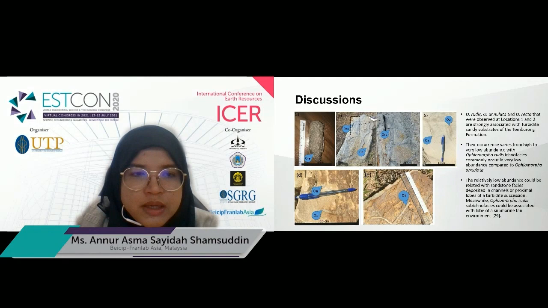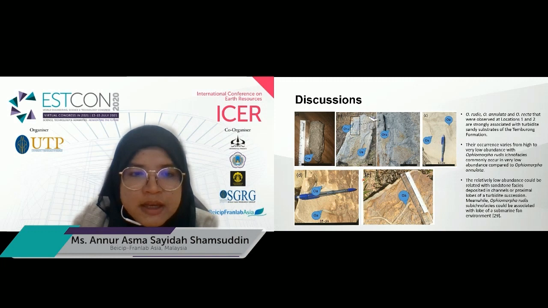Here, it is strongly associated with the sandy substrate in the Temburong Formation, and their occurrence varies from high to very low abundance, where Ophiomorpha rudis ichnofacies commonly occur in very low abundance compared to Ophiomorpha annulata.